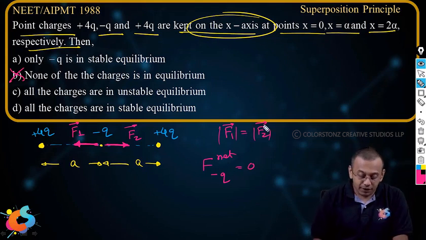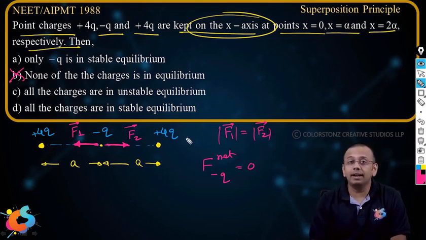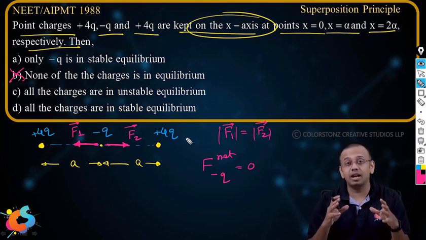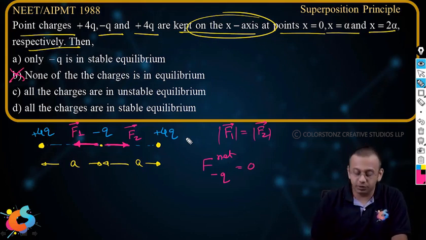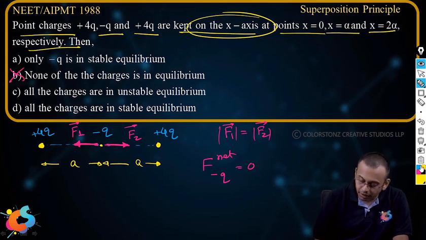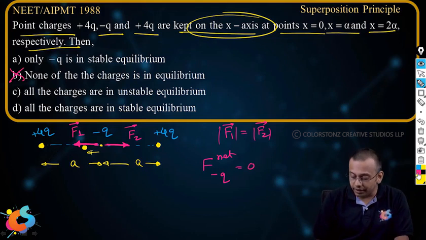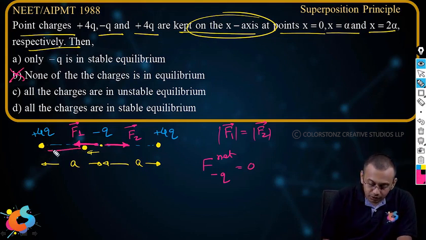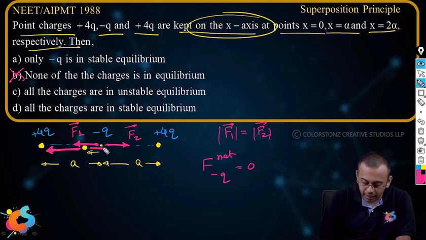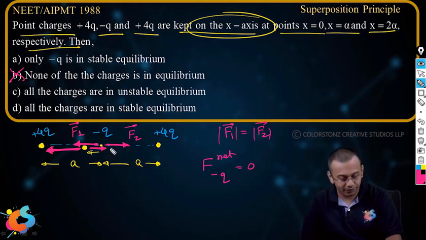But is it in stable equilibrium? Let's check that. Stable equilibrium would mean that wherever I displace this charge, it should try to come back to the same position. Suppose I move the charge and bring it here. Now if I displace it here, it will come closer to the left charge, and therefore the force due to this left plus 4q will increase, whereas the force due to the right plus 4q will decrease.